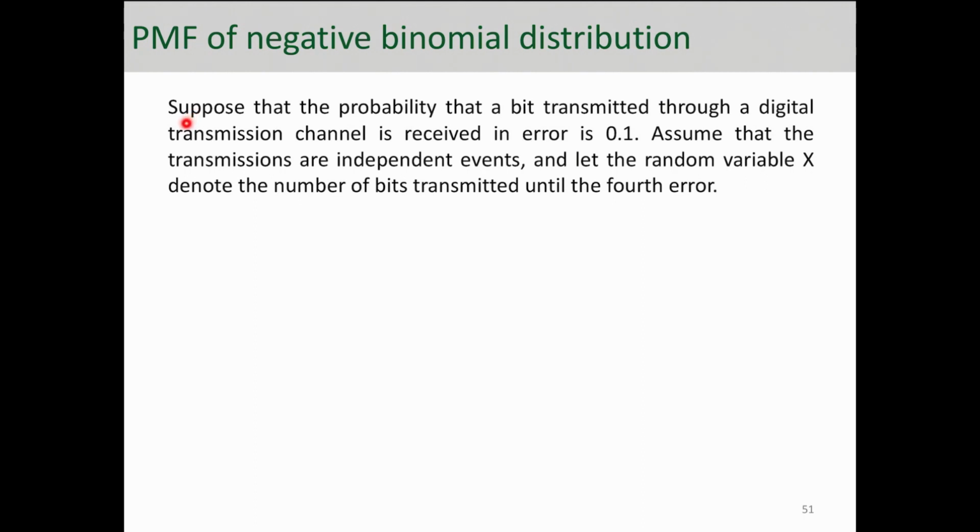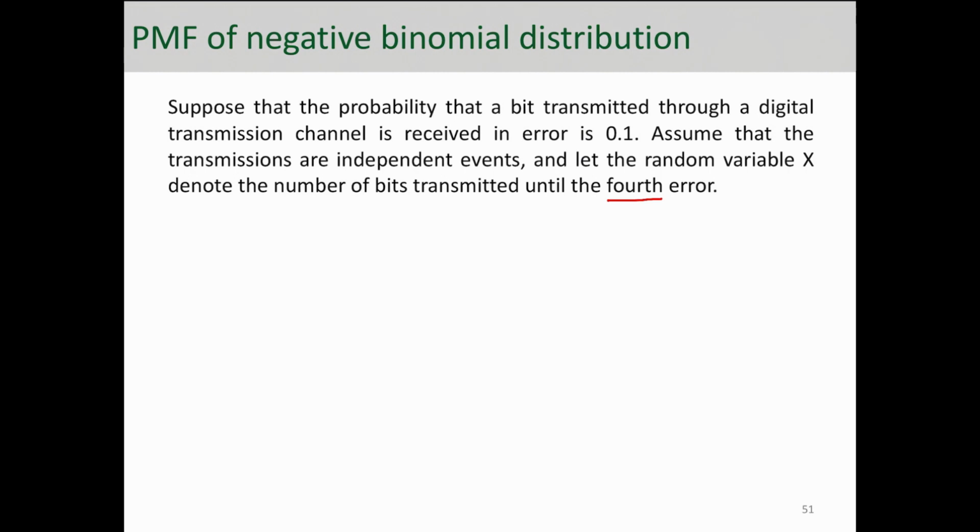Now, let's take a look at this example. This one says, suppose that the probability that a bit transmitted through a digital transmission channel is received in error is 0.1. Assume that the transmissions are independent events and let the random variable x denote the number of bits transmitted until the fourth error. So a bit that is being transmitted is either an error or not.